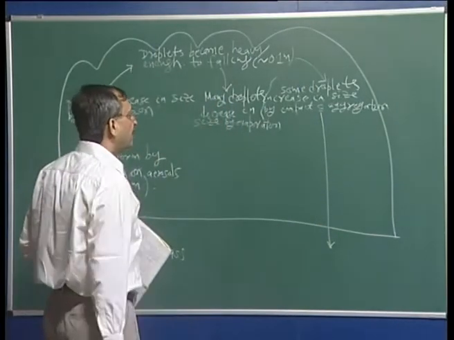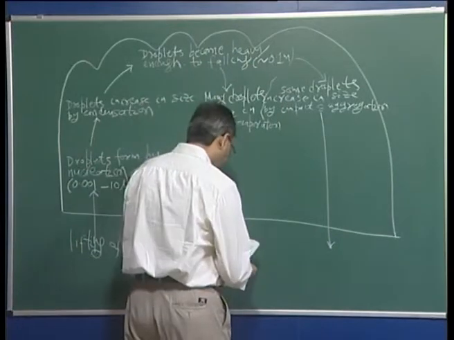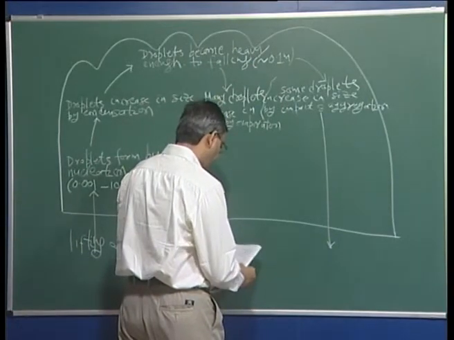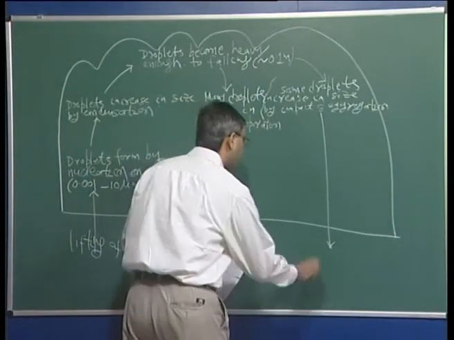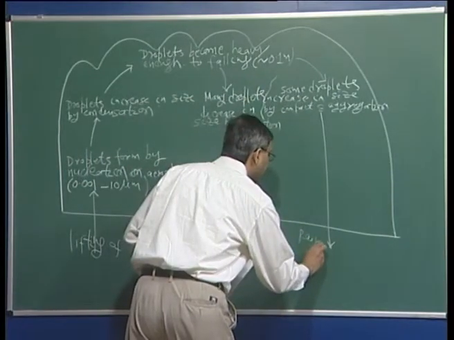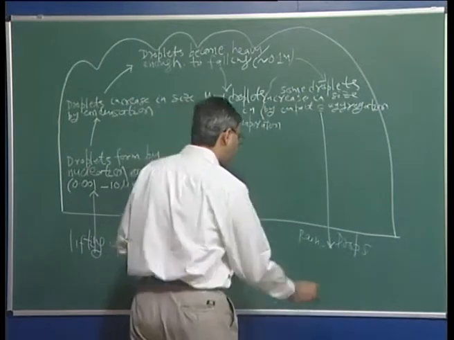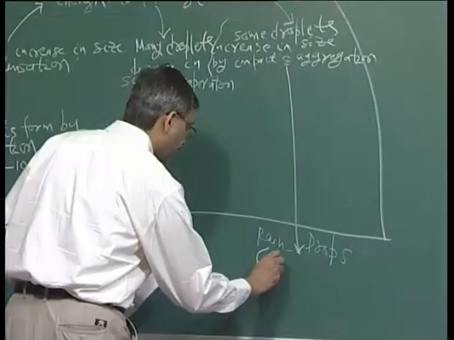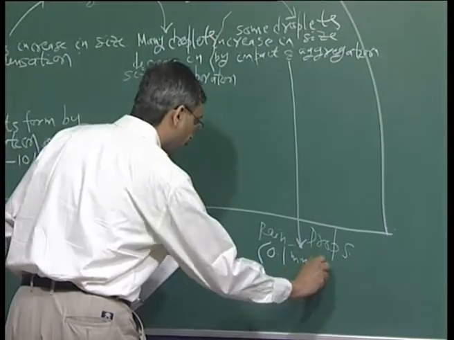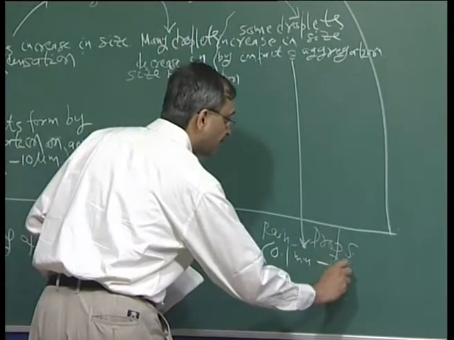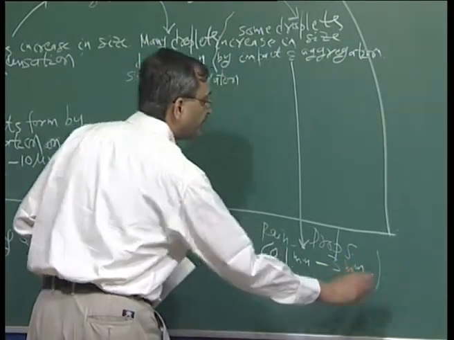And then from here, when the droplets become heavy enough, they start falling through the atmosphere onto the ground, and that is when you say that raindrops of size approximately 0.1 millimeter to 3 millimeters will be falling on the ground.